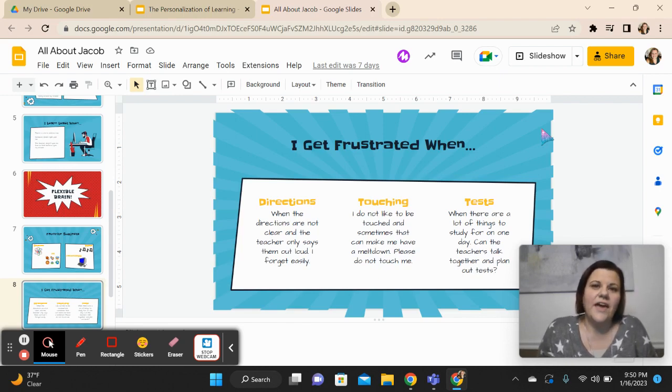And so he wants to make that known, and that's very helpful information for the teachers. And then again, when there are multiple tests on a day, that makes him very frustrated because he feels he can only have room in his brain for a couple of things at one time rather than lots and lots. So he likes to see that the teachers talk to each other and are not scheduling a lot of things due on one day.